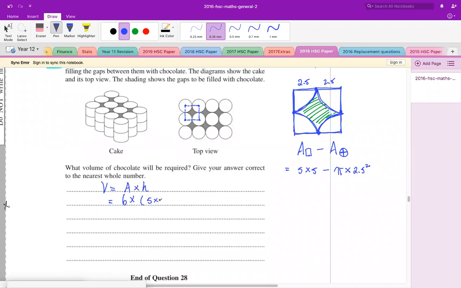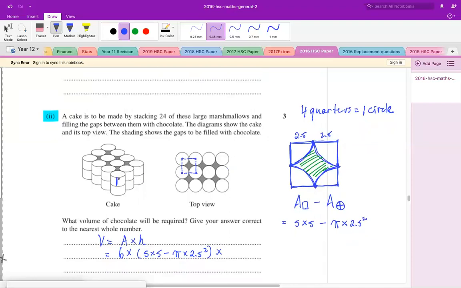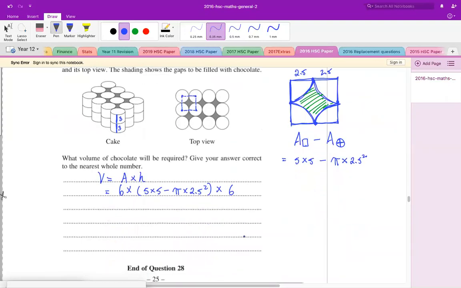So 5 times 5, the square minus a circle, times the h. H is going to be, because each one of them is 3 centimeters, you add them up, it's going to be 6. And let's see how much that is equal to. If you have any questions about this, can you ask me now?